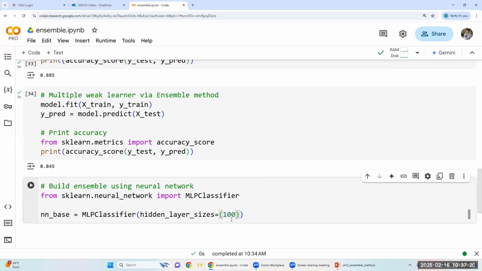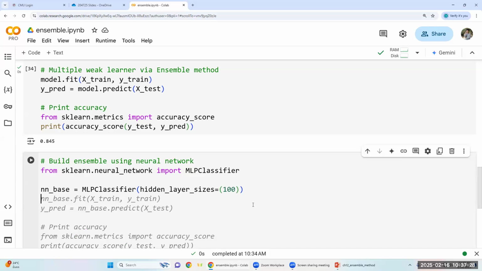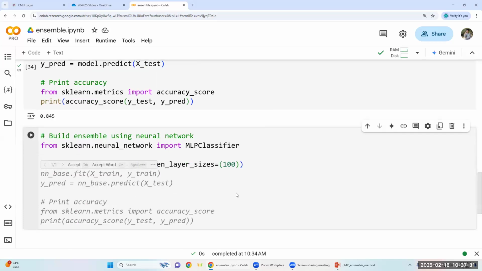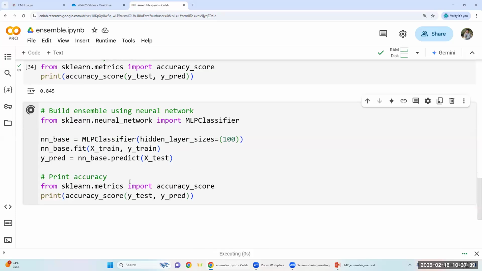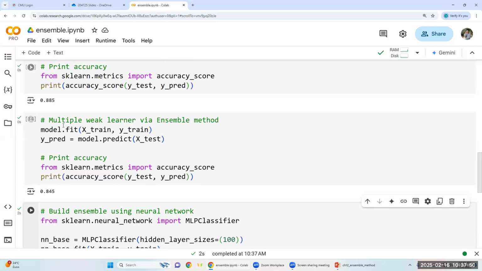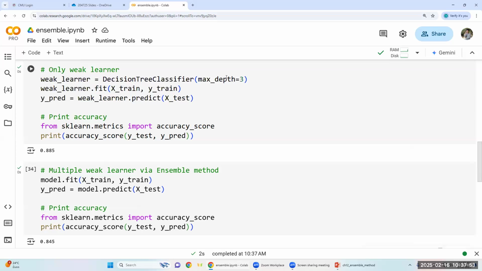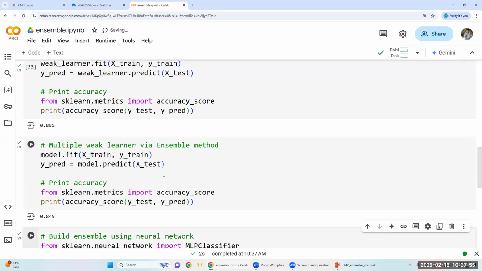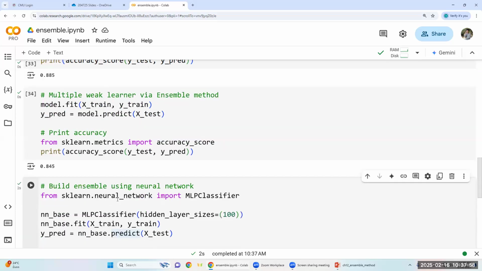So we will have 100 hidden layer size, and then let's try to fit the base model first, right? So you're gonna get about 0.875, which, when you compare, is between the decision tree with max depth 3 and also the ensemble method of the decision tree with max depth 1.